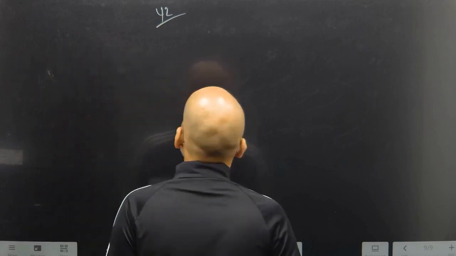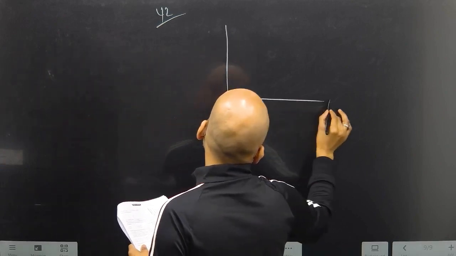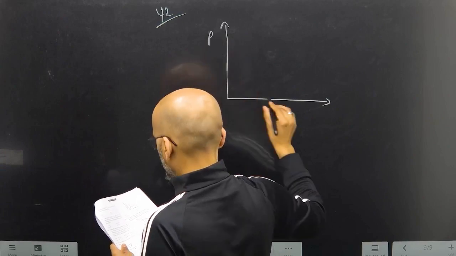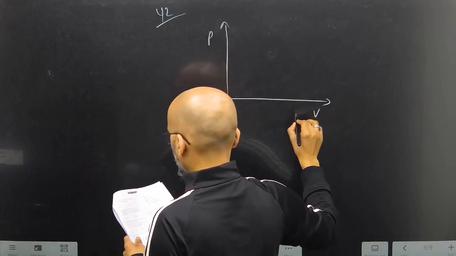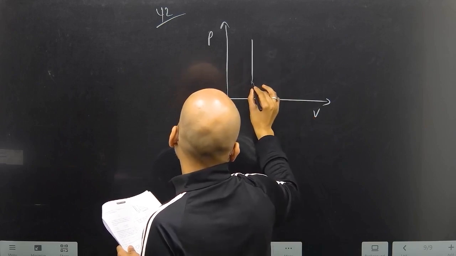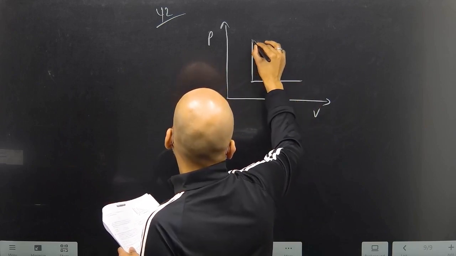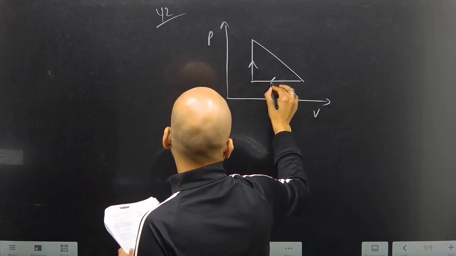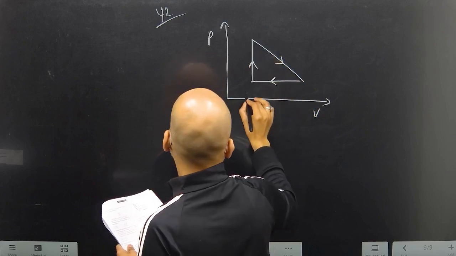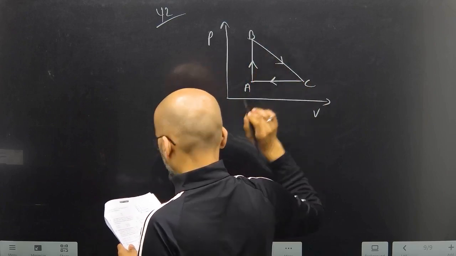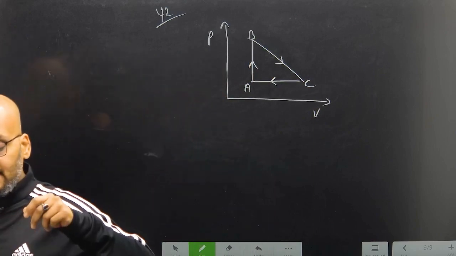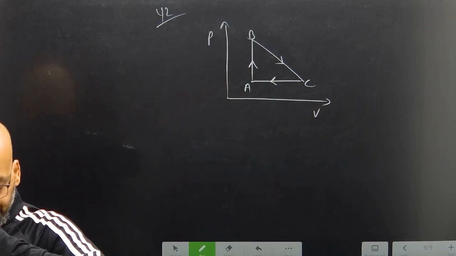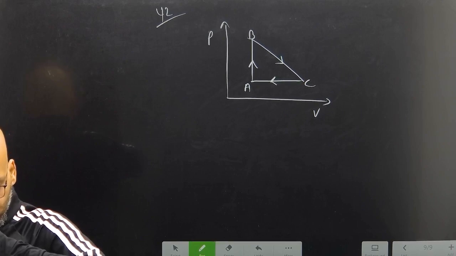Okay, again a PV diagram is given to us. They are saying a gas is enclosed in a chamber and passes through the cycle as shown.